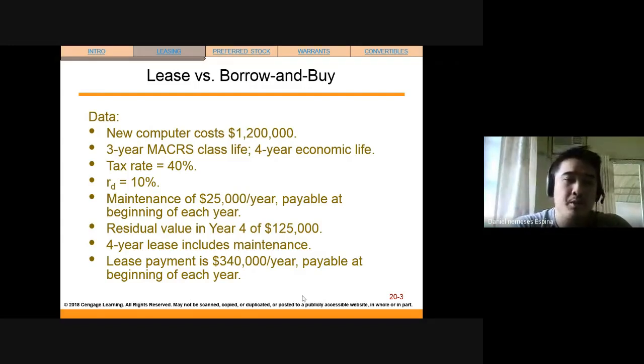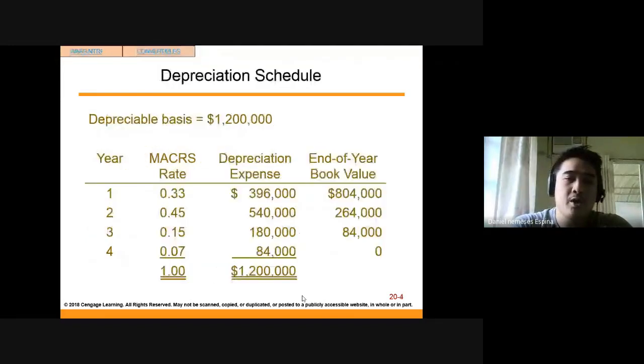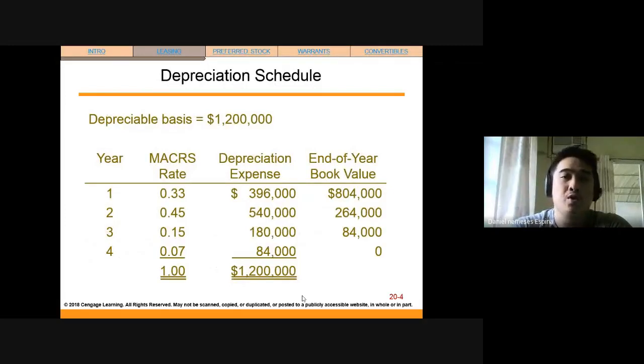So let's compute. The depreciation, as we know, is a non-cash outflow. So there is no cash outflow. However, when we deduct the depreciation, it gives us a tax benefit or tax savings.